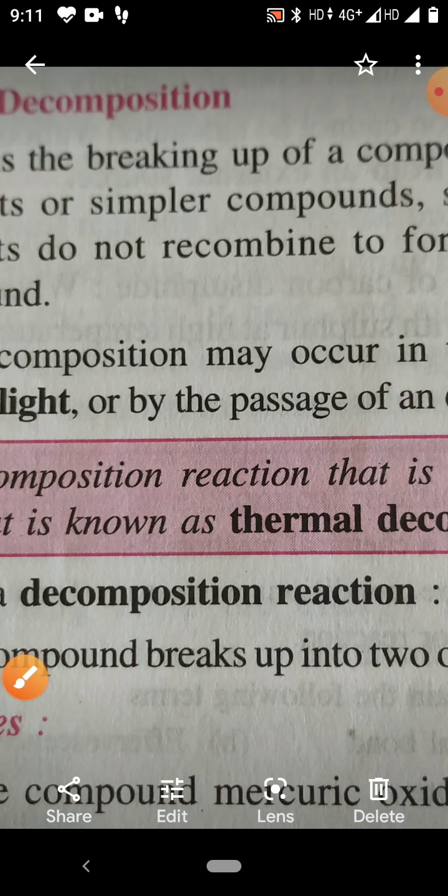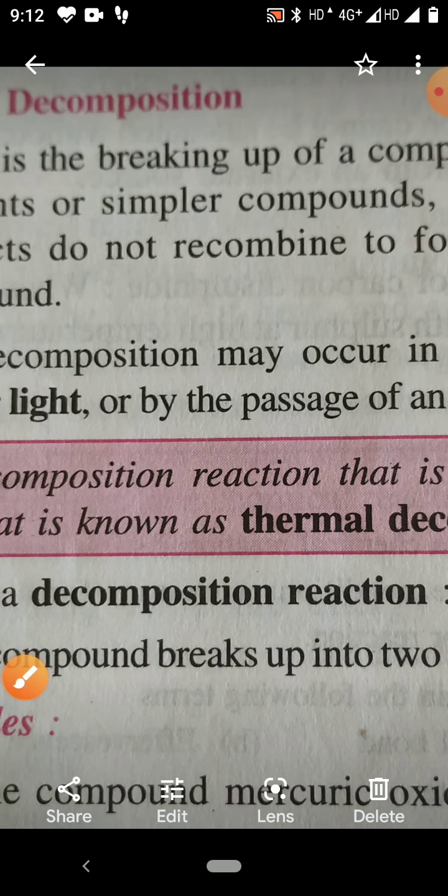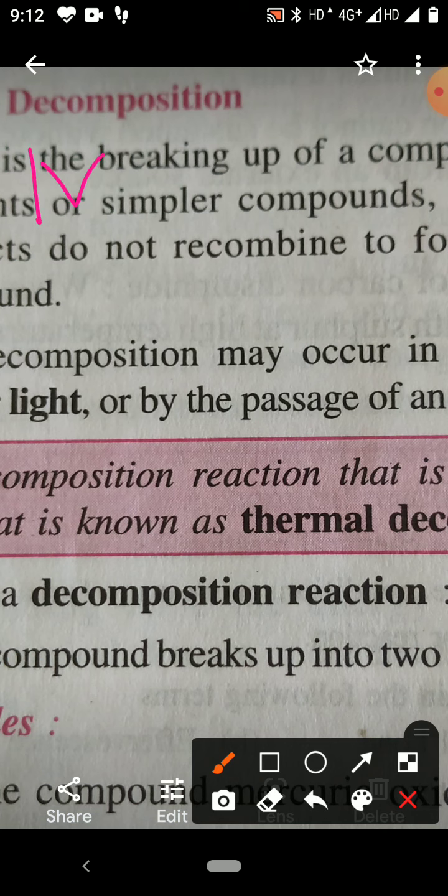Sometimes a compound will decompose in the presence of a catalyst. See, example is MnO2, which is the catalyst.